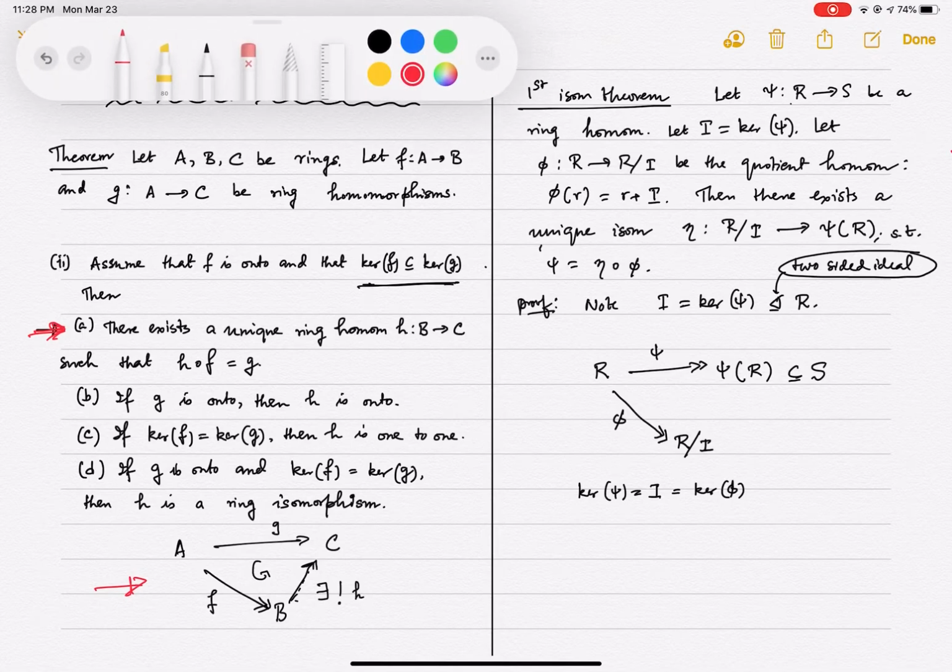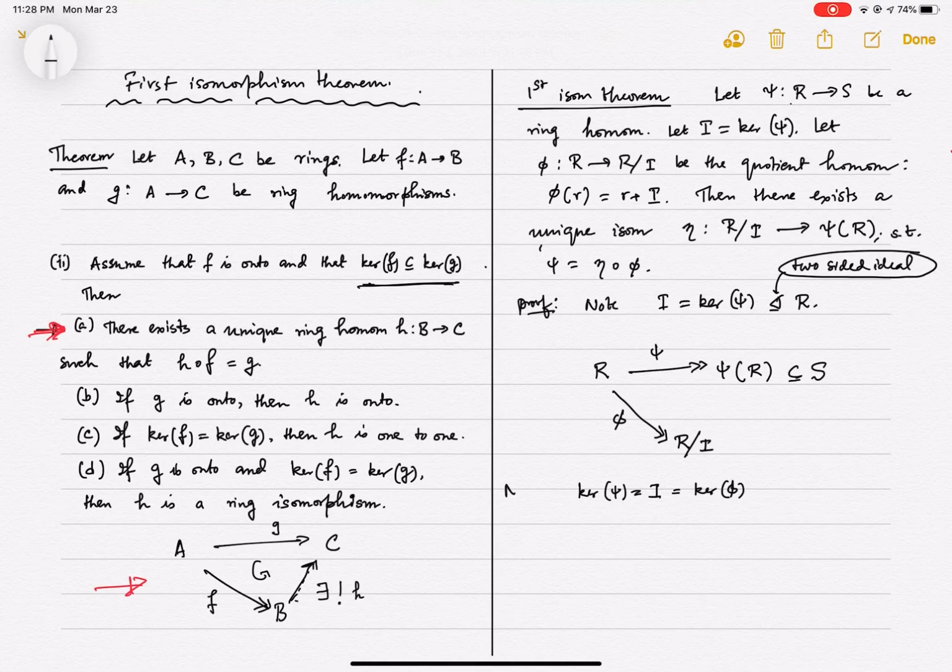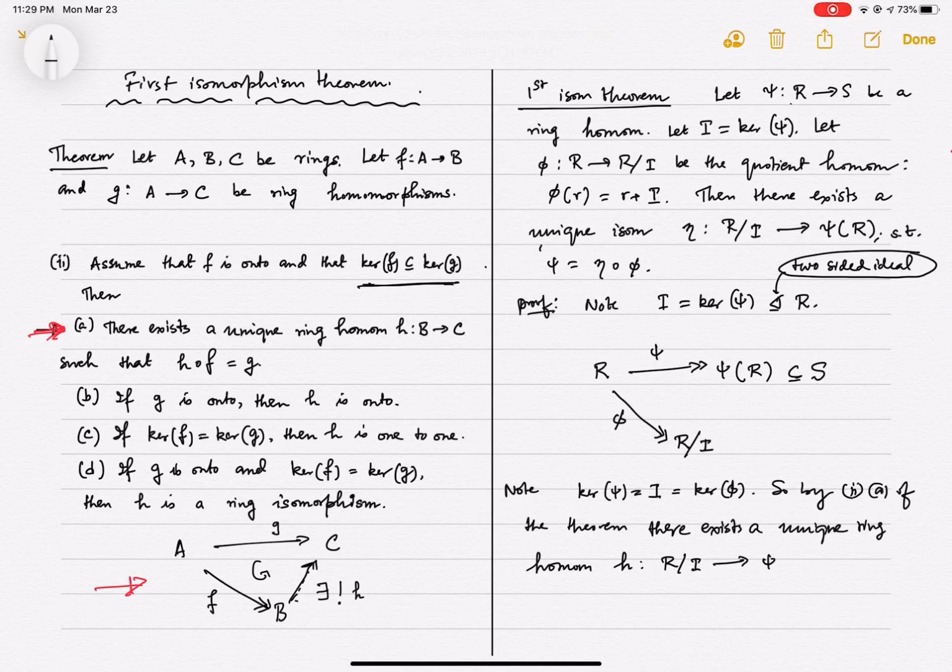And what does it give us? It gives us that by part 2a of the theorem there exists a unique ring homomorphism H from R mod I to psi of R. Oh, we just chose to call it eta in the theorem, so we'll call it eta.